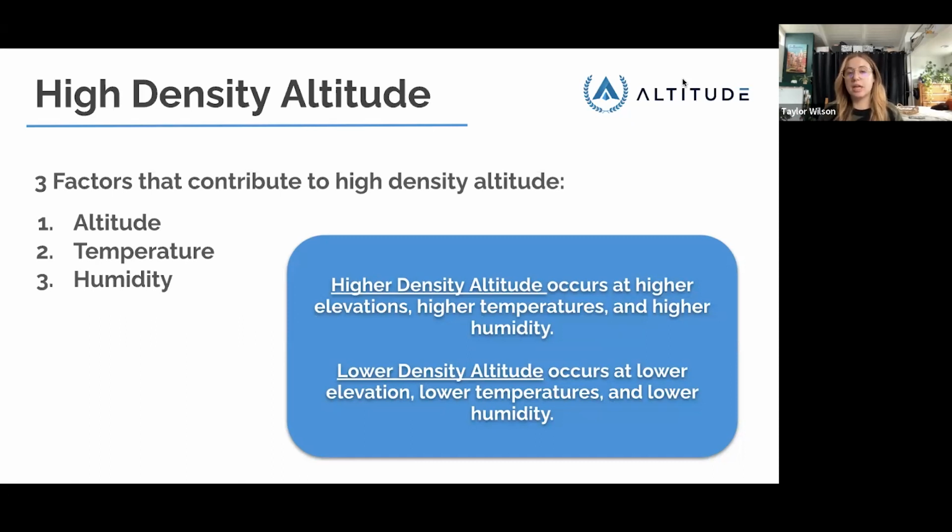So the key takeaway is that high density altitude occurs at higher elevations, higher temperatures, and higher humidity. On the opposite side, lower density altitude occurs at lower elevation, lower temperatures, and lower humidity.